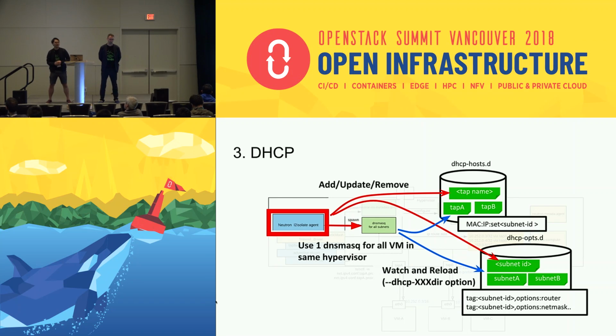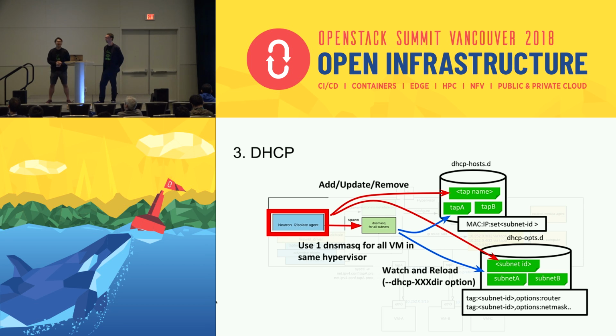Moving on to the DHCP part. Since the hypervisor terminates the L2 network, we need to provide a DHCP service to all VMs inside the hypervisor. Usually, dnsmasq is used to provide the DHCP service in the general OpenStack deployment with the DHCP agent.